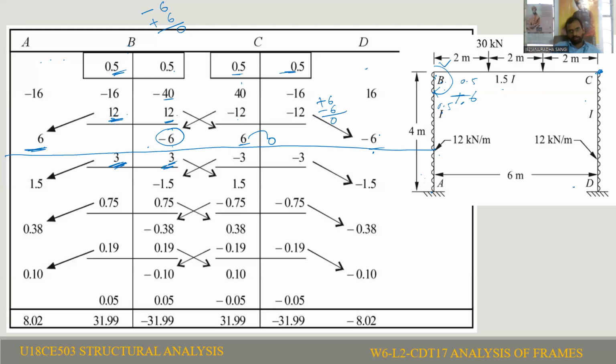So we are applying minus 6, that means an anti-clockwise moment of minus 6 kilonewton meter at joint C. Because of this application, the moment will be carried to the CB member as well as the CD member, based on the distribution factor. Minus 6 multiplied with 0.5 is the moment carried to the CB member, and minus 6 multiplied with 0.5 is the moment carried to the CD member. So this is called the balancing technique.